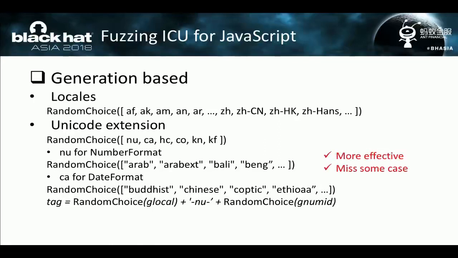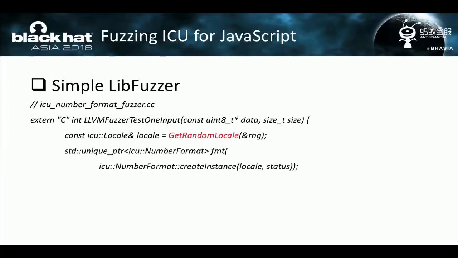This is much more effective, but the randomness is reduced significantly, so we will miss some cases. Finally, I found a fuzzer in the Chromium source, which uses the code coverage guided libFuzzer. But the fuzzer can only fuzz one argument.